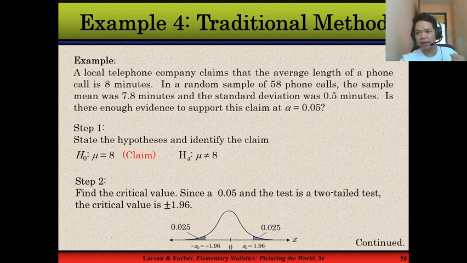Kapag 90%, para hindi na kayo magko-compute o titingin sa z-table, pag 90, di ba 1.65? Pag 95, 1.96. Pag 99, 2.58.